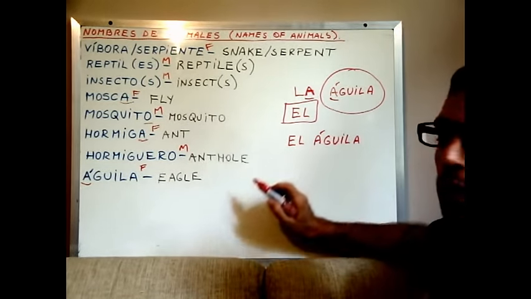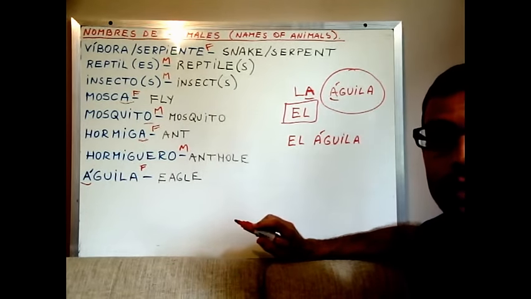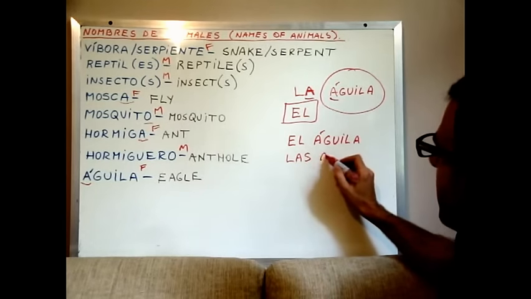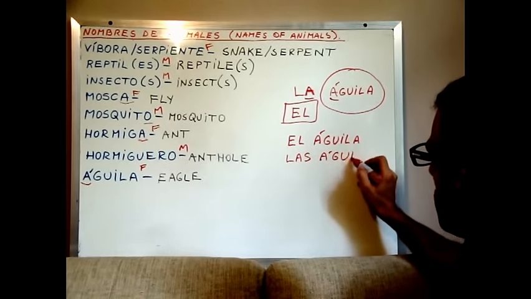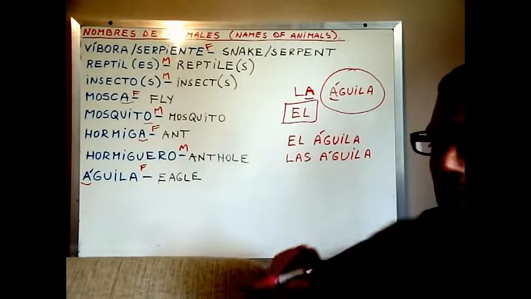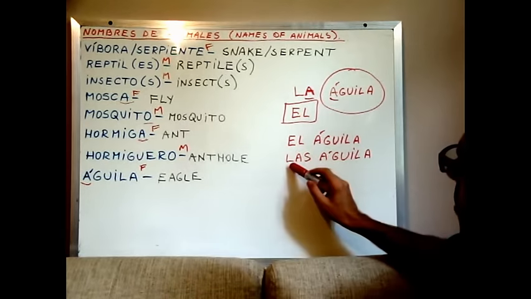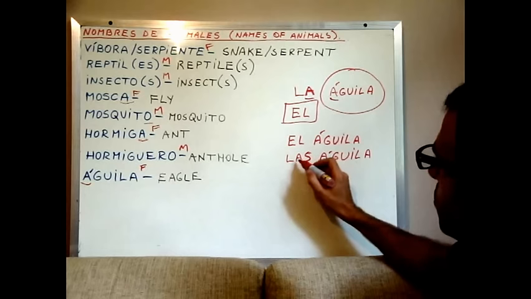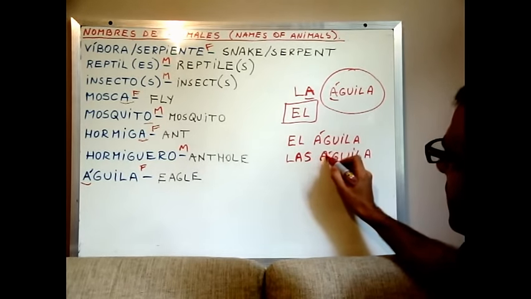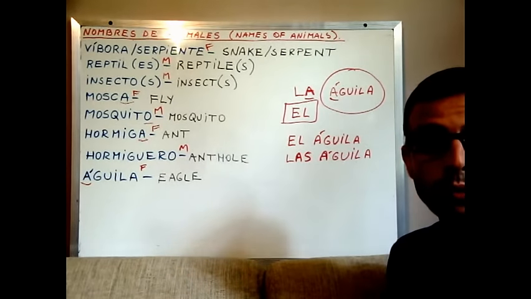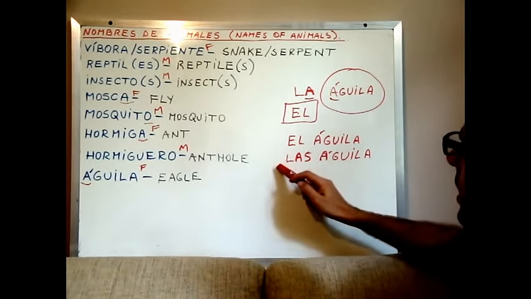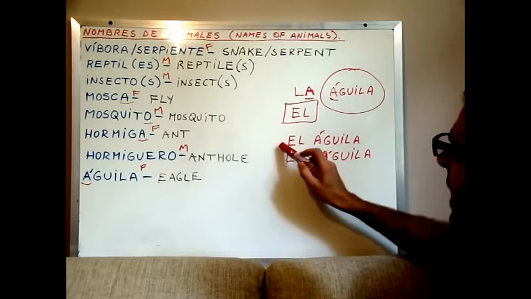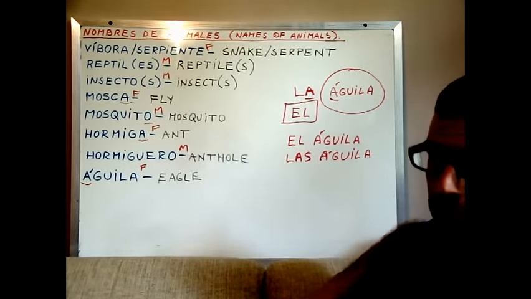However, when we say the plural, the eagles, we switch to feminine, las águilas, because águila is actually a feminine noun. In the plural, since we have the S in between the two A's, it doesn't sound awkward when we say las águilas. That's why it switches back to the feminine article here. So, el águila, las águilas.